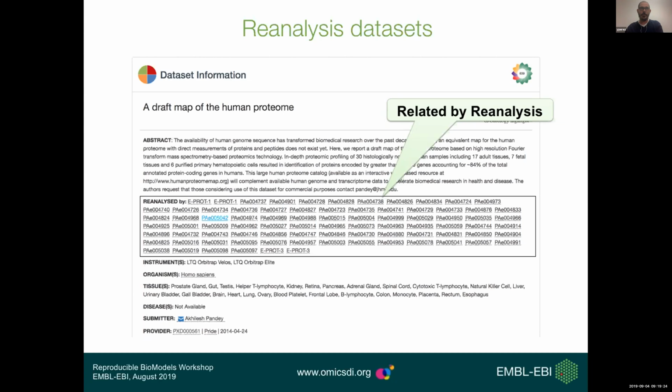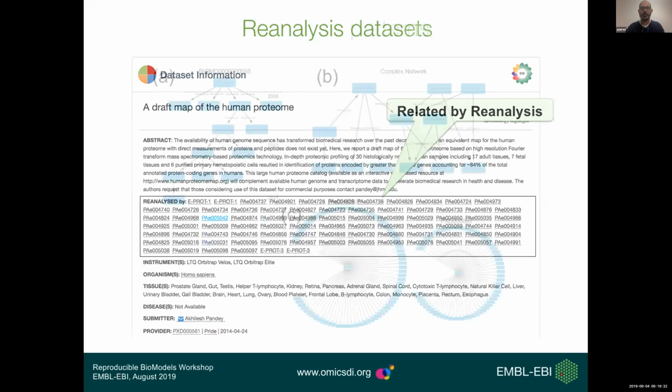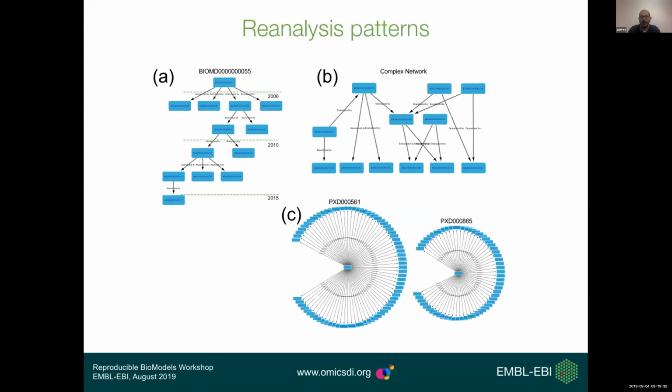In the proteomics or transcriptomic field, imagine you have used some part of the data set to reanalyze this data and obtain new claims or a new way of analyzing the data. There are different patterns for reanalysis, and the main pattern we see for proteomics and transcriptomics is that one data set is reanalyzed multiple times.